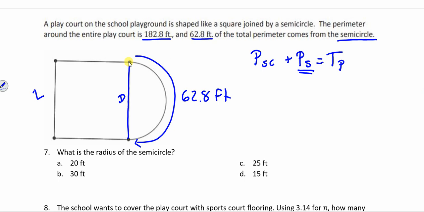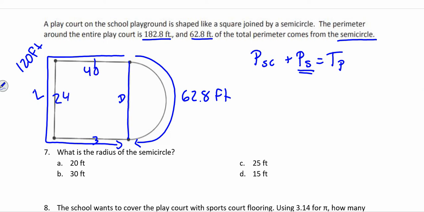I need to take the 182.8 and subtract 62.8, and you find out that this perimeter is 120 feet. Now that's 3 sides, 1, 2, 3. So if there's 3 sides and 120 feet, then I got to take 120 and divide it by 3. I get 40 feet, 40 feet, and 40 feet, which means that the diameter has got to be 40 feet.